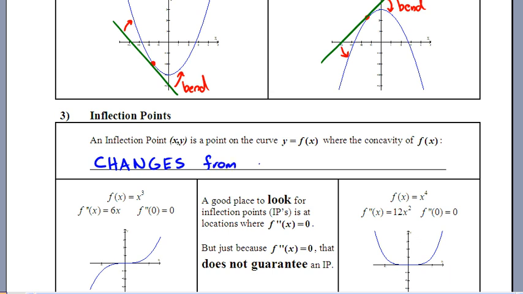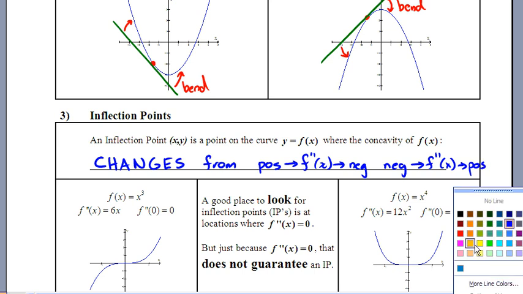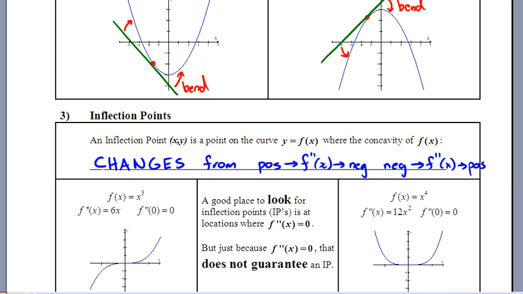So you could get a change from positive to negative, right? You're going to notice the second derivative switching, or maybe the other way around. You have this negative second derivative that switches over and becomes positive. But it must change. It can't simply be 0. That's not quite good enough.